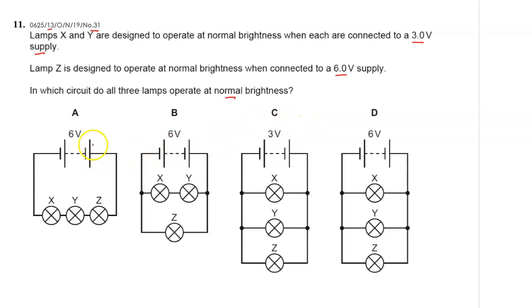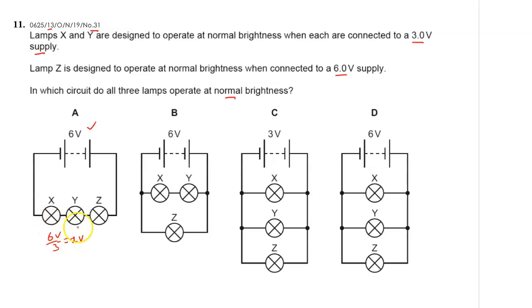Alright. So you can see the battery here is 6 volts. And when X and Y and Z are in series, then the 6 volts will be shared between the 3 bulbs. And of course, the voltage will be 2 volts.